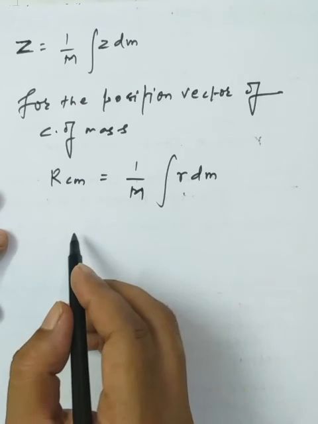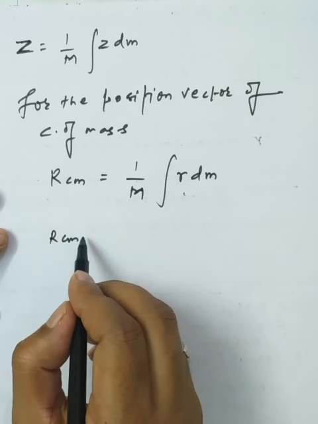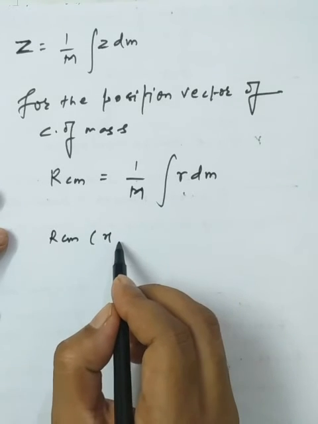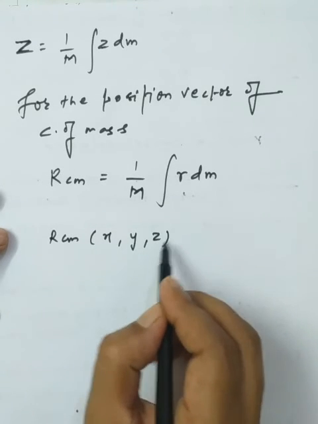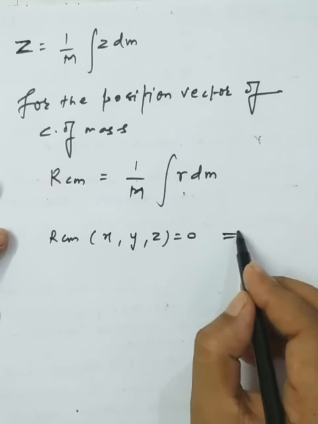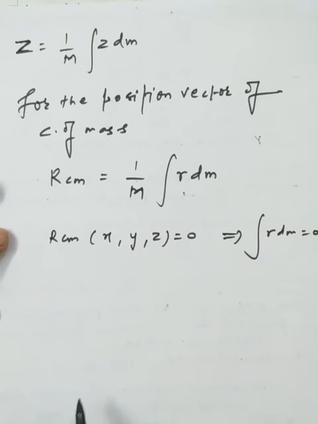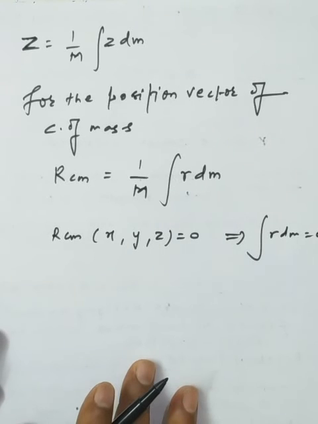Now simply we can assume that RCM, the coordinate combination x, y, z, is 0. So easily we can write that this implies the integration of r dm is equal to 0. So this is the simplest method to represent the coordinates of the center of mass in a different manner.